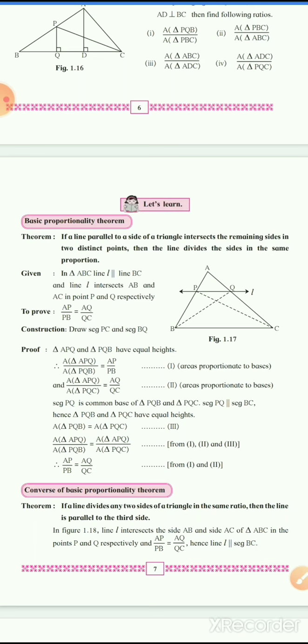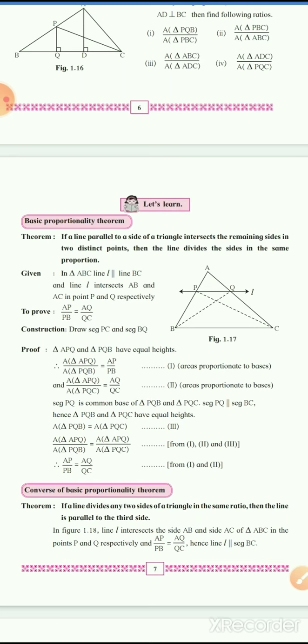Means here we can see statement number 1 and statement number 2. The numerator of the left hand side is equal, only the denominators of the left side are different, but these denominators are equal also from statement number 3.